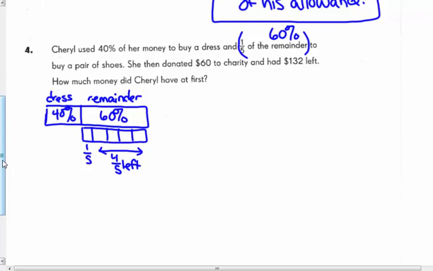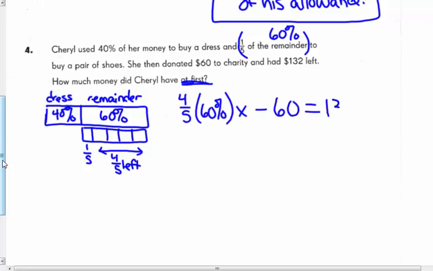So I figure out 4/5 of that 60% of what number, which I'm going to call x. I got to find the original amount, which is x. And then I subtract $60, I should have $132 left.